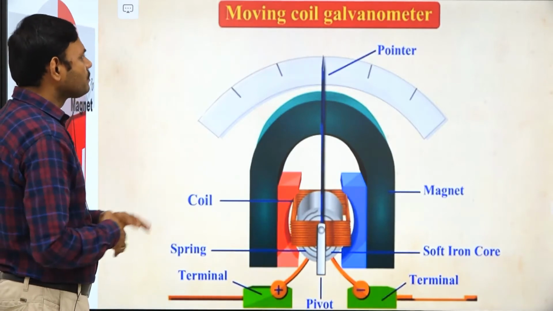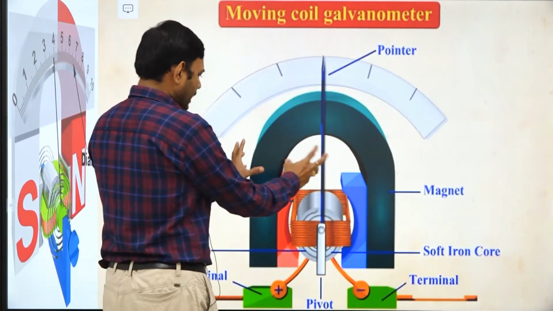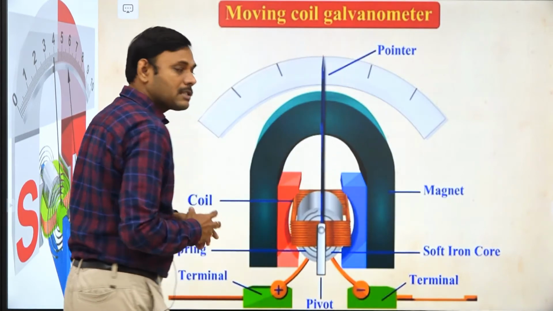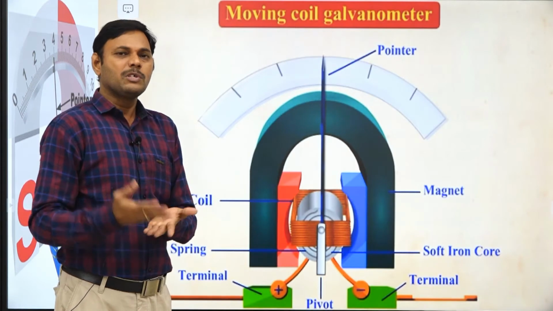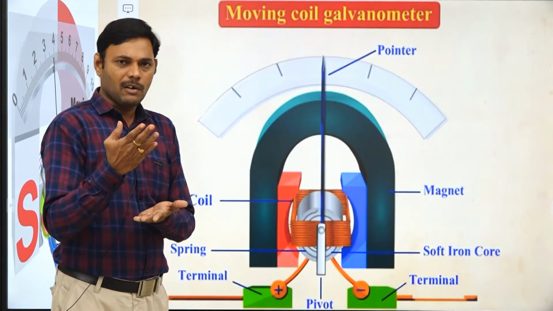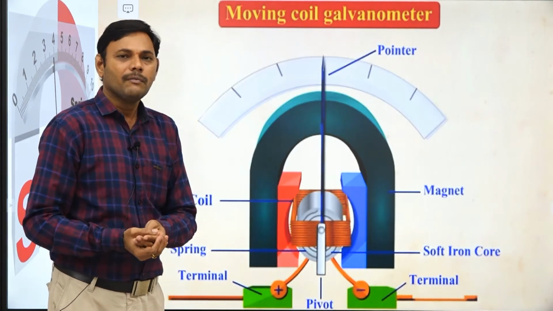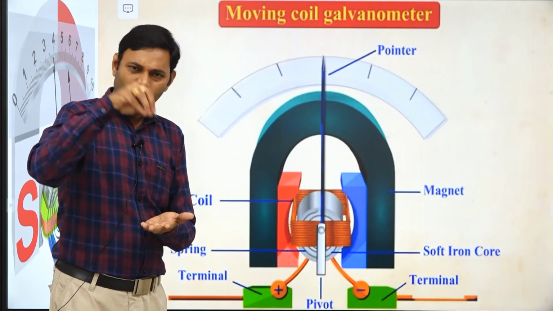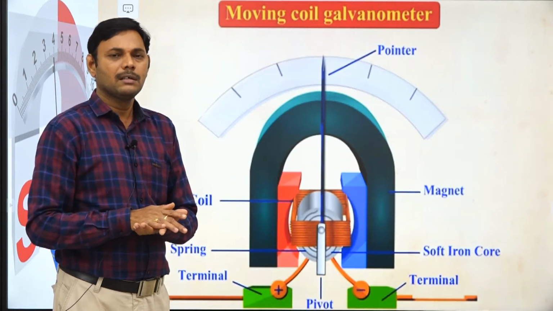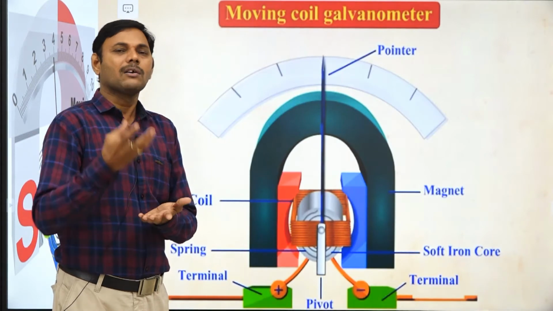In this video, we have a diagram of moving coil galvanometer. Moving coil galvanometer is a device which uses the torque acting on a coil. The principle is, when a current carrying coil is placed in uniform magnetic field, it experiences a torque and the coil rotates.